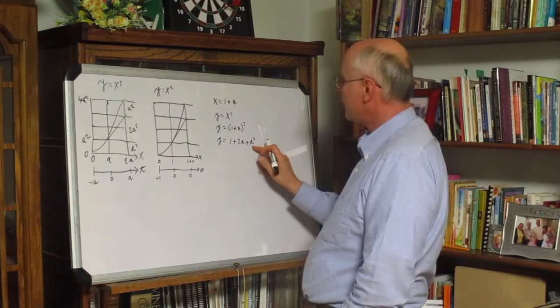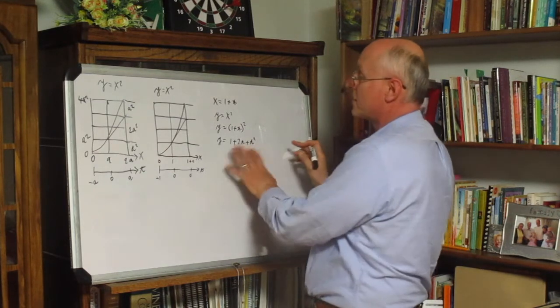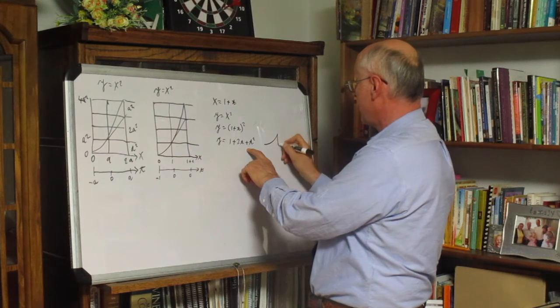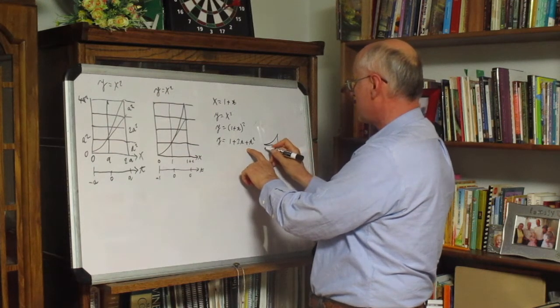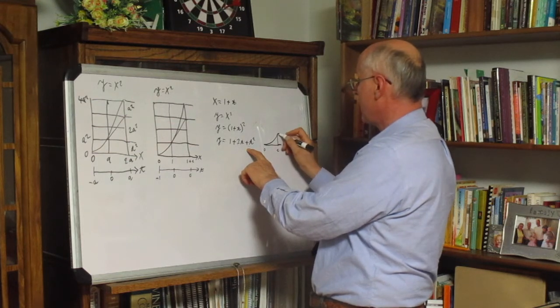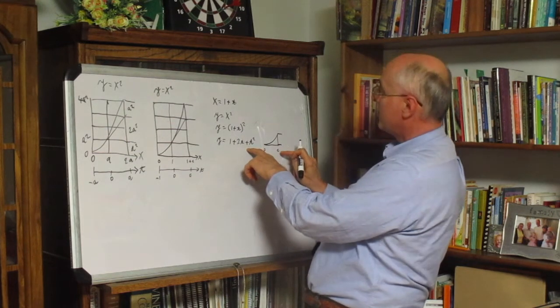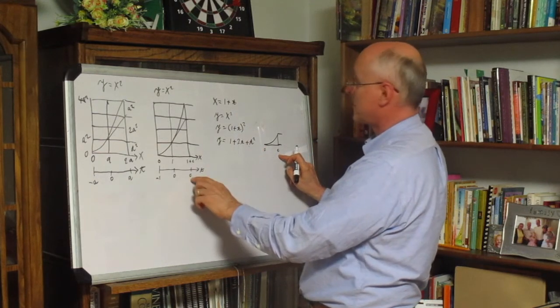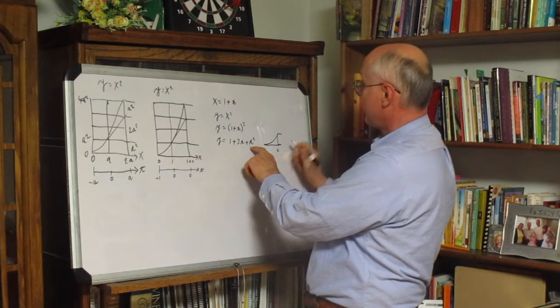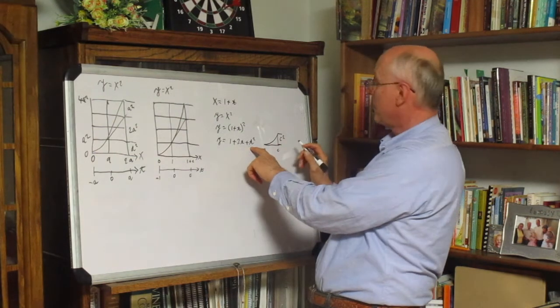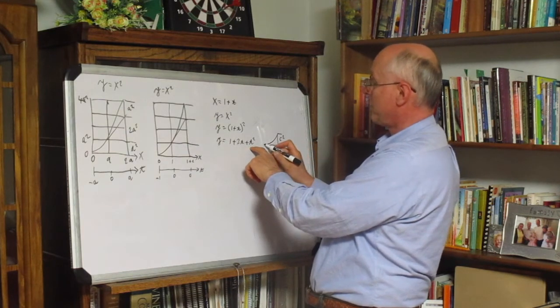And we're going to show these 3 functions. This function from 0 to c: when you plug in t equals c, you get c squared. When you plug in t equals 0, you get 0, right?